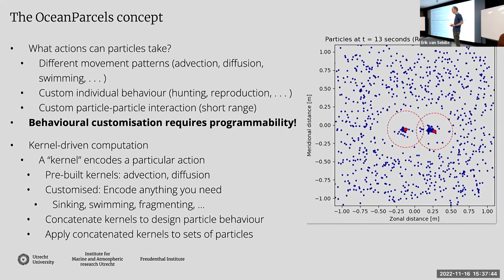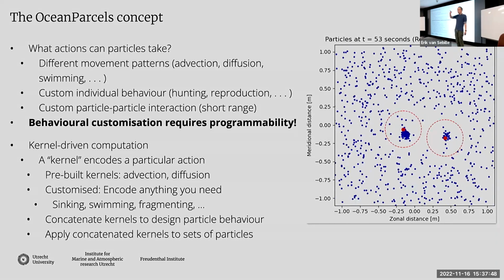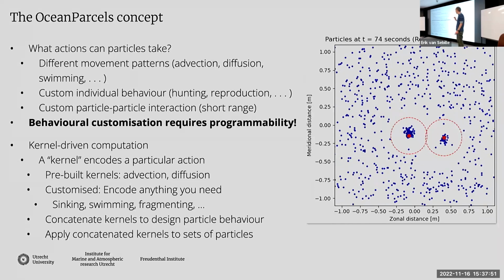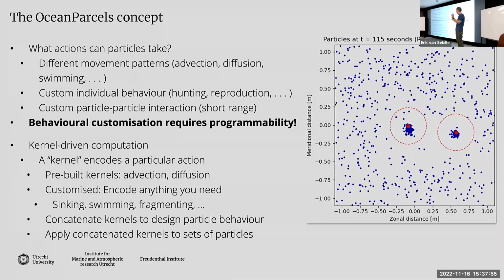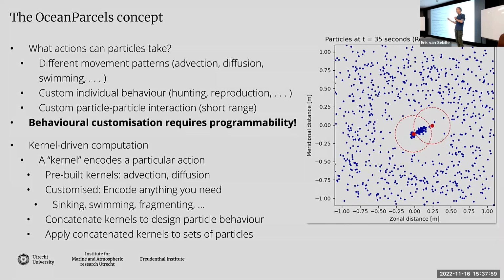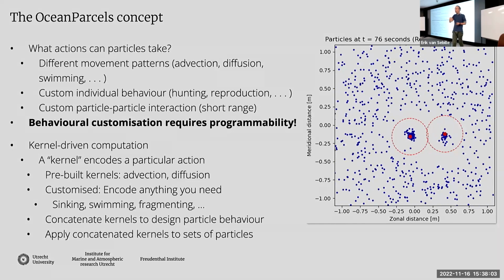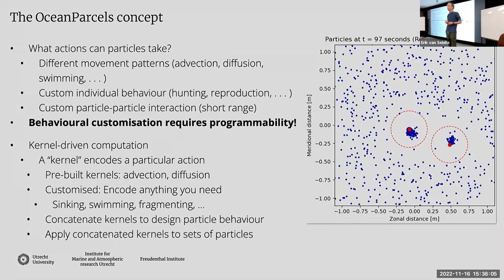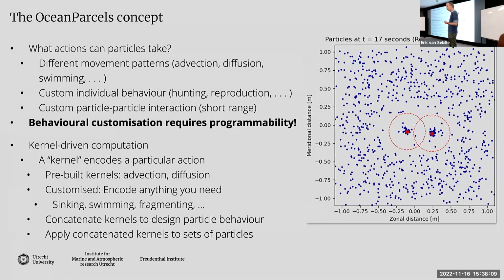Sinking, swimming, fragmentation, interaction, all of that, simply with a few lines of code. Those kernels then get concatenated behind each other, and those kernels then get applied to the set of particles. So everything under the hood happens out of the concern of the scientist, the one who wants to build a particle model.